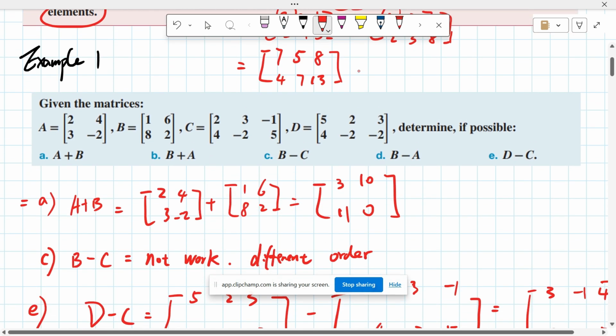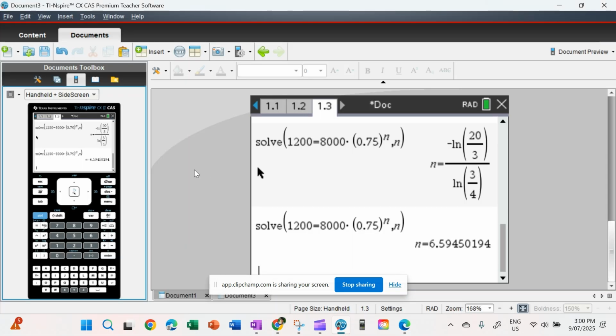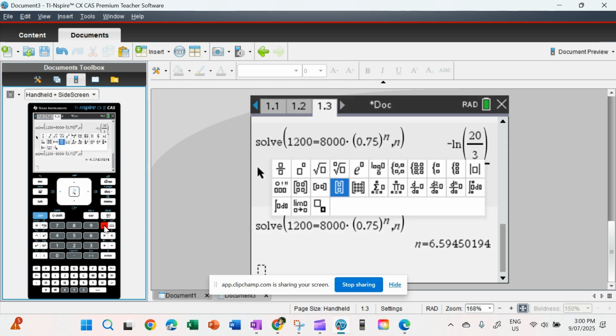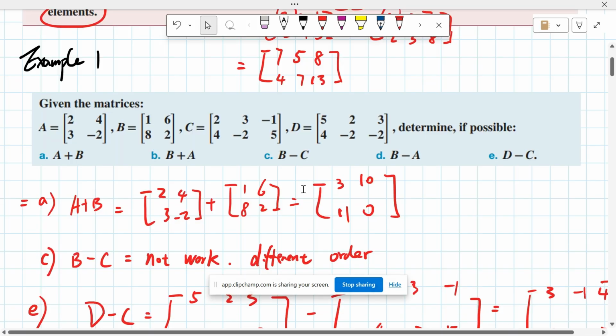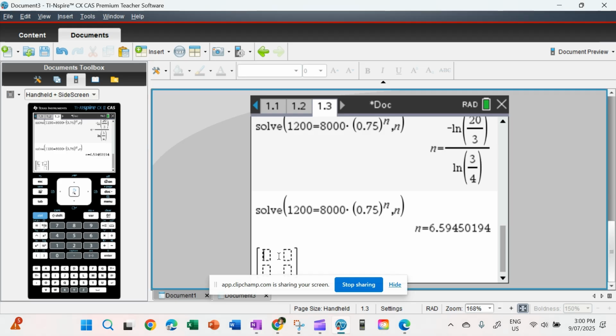What we normally do is substitute the A, B, C, D matrices into your calculator. I click the button right next to the 9 button, which is this one. The first one is 2 by 2, so we say 2 by 2, and the entries are 2, 3, minus 2, and so on.